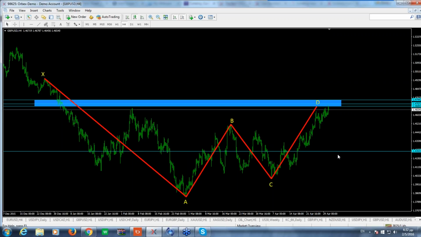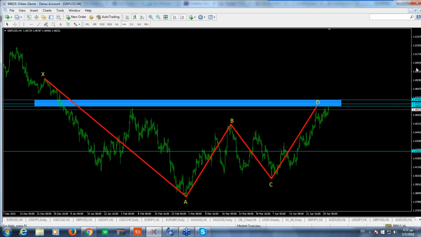Now, this is your zone. This is your PRZ, potential or probable reversal zone, which is not 100%, but there's a probability that prices could play around here and come back. But there could also be another possibility if it does go above 1.4744, it might actually extend further.